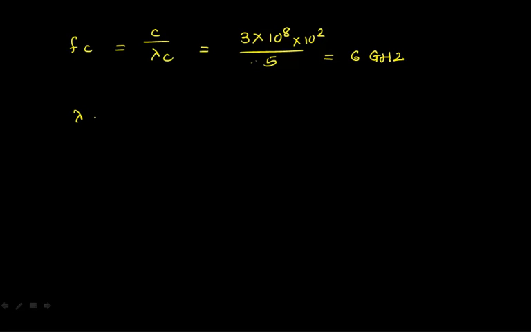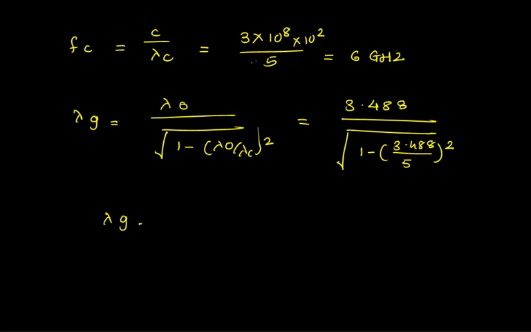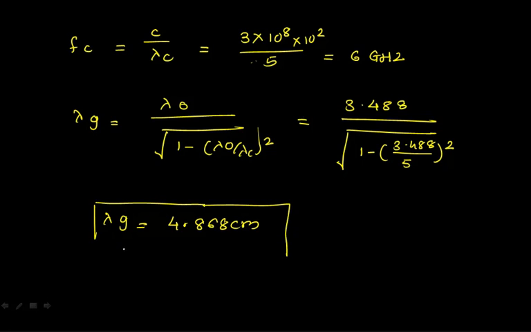And lambda g, you can calculate as lambda 0 divided by the square root of 1 minus lambda 0 by lambda c whole square, which is 3.488 divided by the square root of 1 minus 3.488 divided by 5 whole square. So lambda g here you'll get as 4.868 centimeters. This is the way how you can calculate it for possible modes.